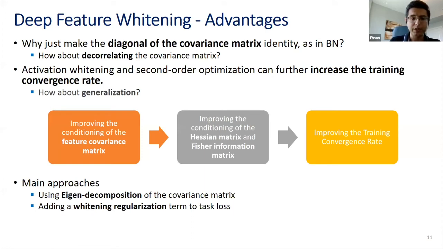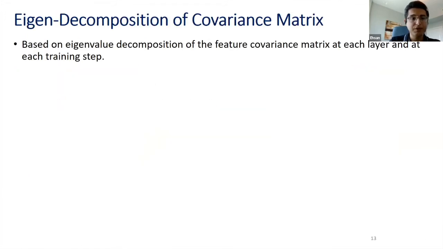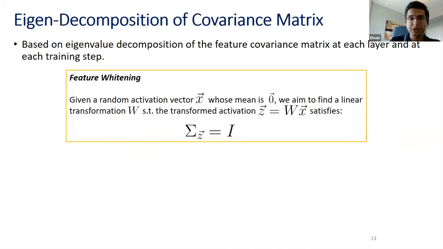The first one is based on eigen decomposition of the covariance matrix, and the second one is based on adding a type of loss or regularization term for whitening. By adding that term, we're trying to impose whitening over the features of the networks. First, I want to talk about eigen decomposition.